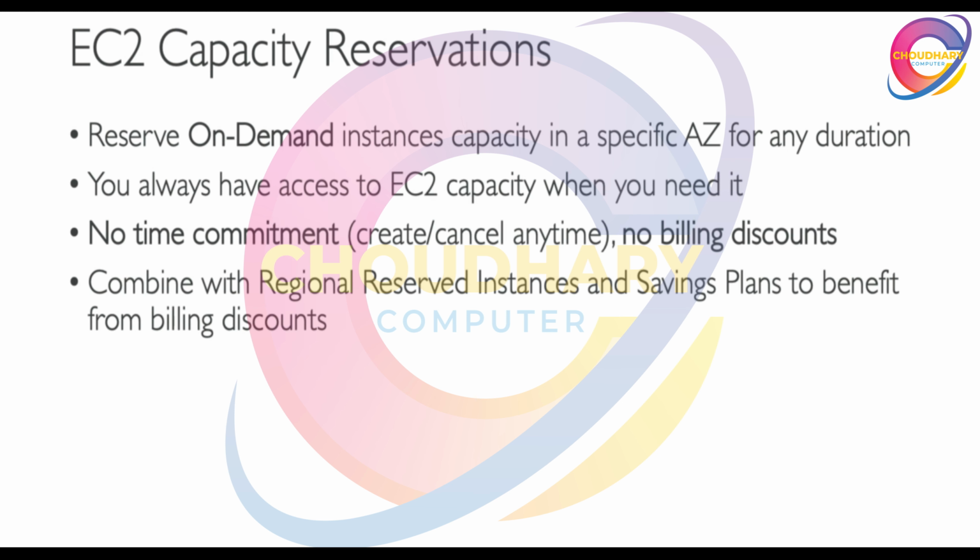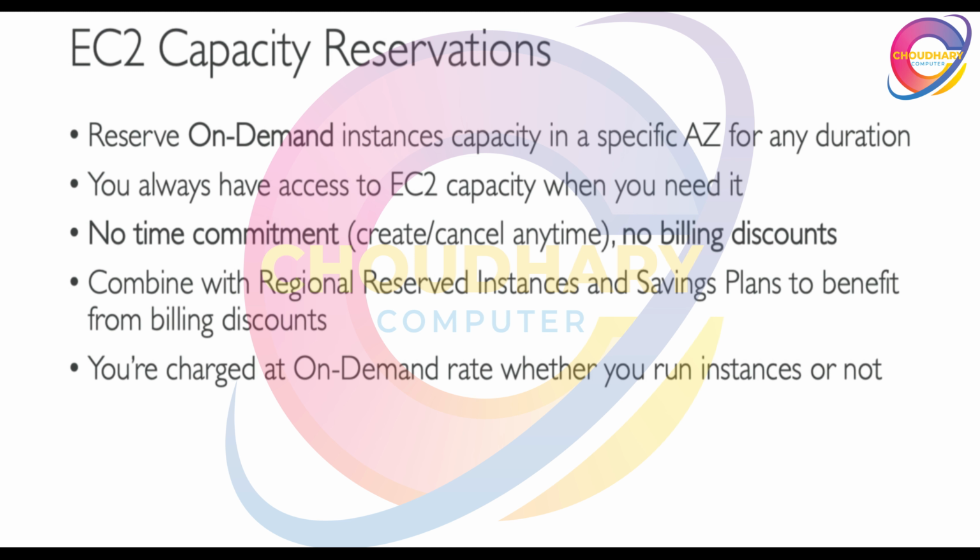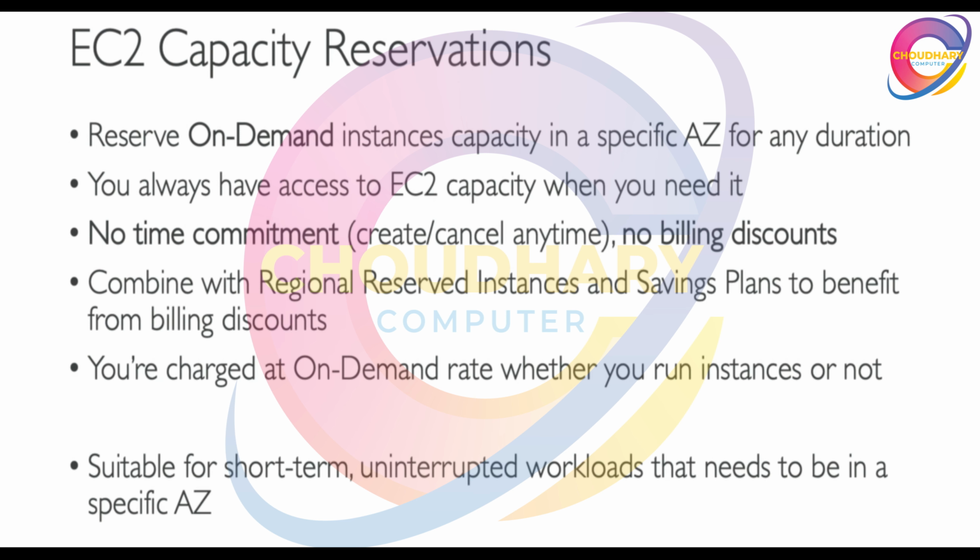So if you want to get billing discounts, you need to combine it with regional reserved instances or your savings plan. And you're charged at the on-demand rate whether or not you run instances. So that means that for your reserved capacity, you're going to be billed for it, and you know for sure that if you want to launch instances, they're going to be available. But if you don't launch them, you're still going to get charged. So they're very suitable for short-term, uninterrupted workloads that need to be in a specific AZ.